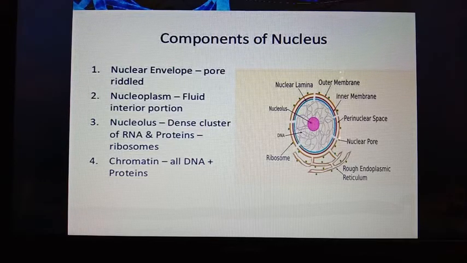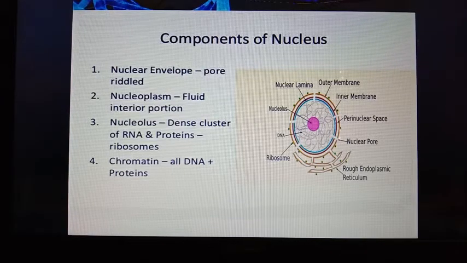It is made up of RNA and protein. What is RNA? Its full form is ribonucleic acid, which is one kind of genetic material. It mainly produces ribosomes, which are another kind of cell organelles.